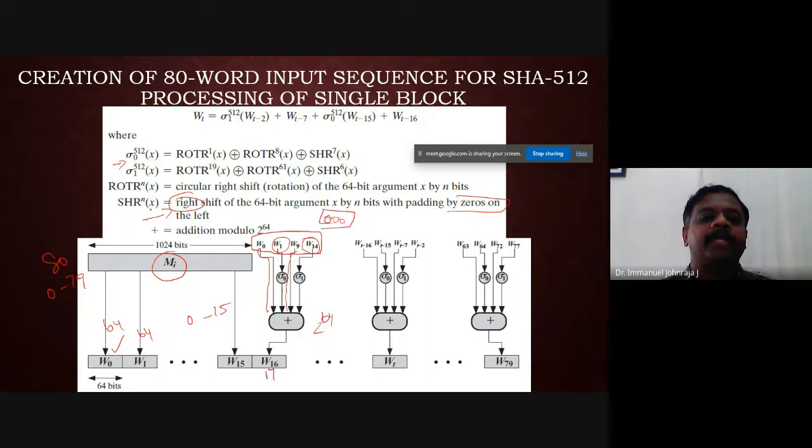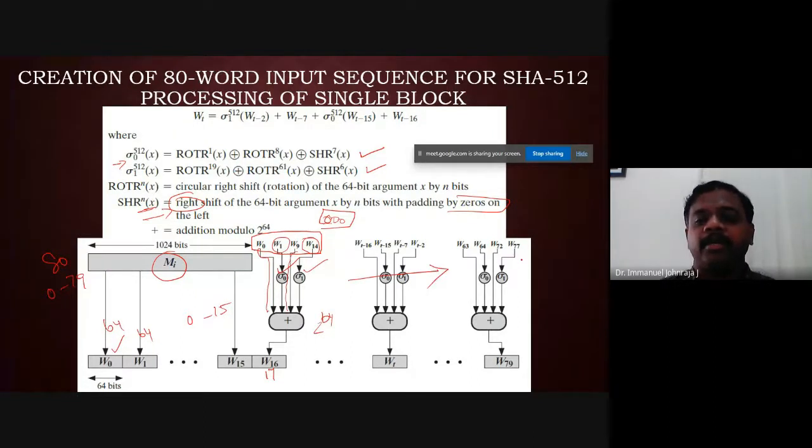So that is what is happening in this function. These are applied for sigma 0 and sigma 1, and you get the output. What is added and what is rotated, we know. That is how a particular word is calculated for W16. Then what's happening to the 17th one? Okay, you got the logic.